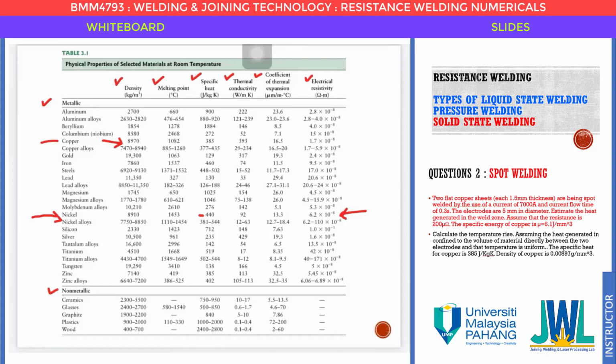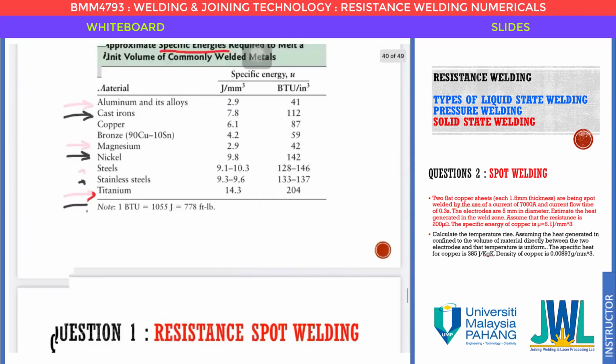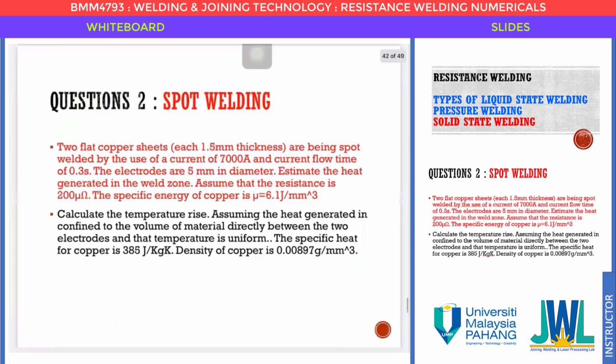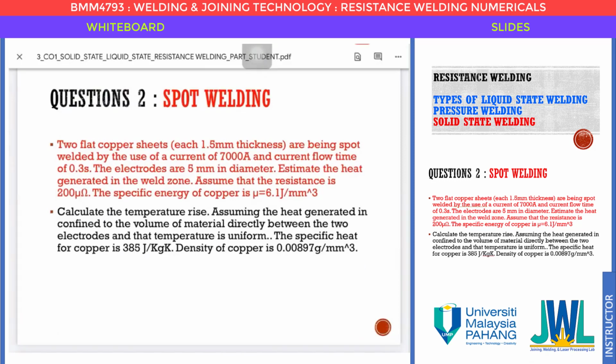So these are the properties that you can get for copper. So let us write the given data, then we are going to write the assumptions, then we are going to write the applied formula, and then we will solve the numerical.